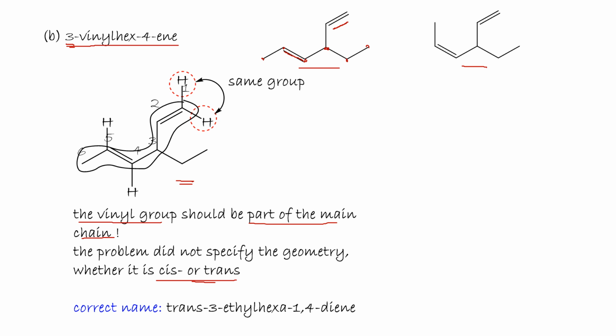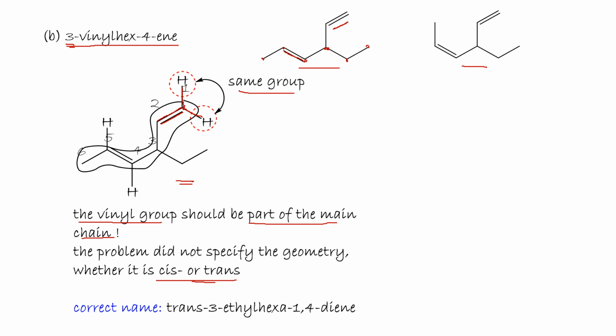For the first double bond, this one, we cannot say cis or trans, because this carbon carries identical groups, H and H. So they are the same.